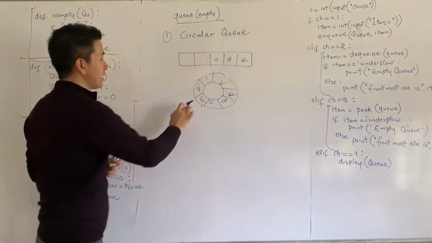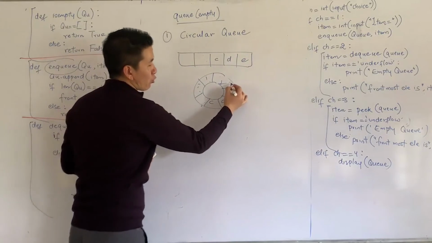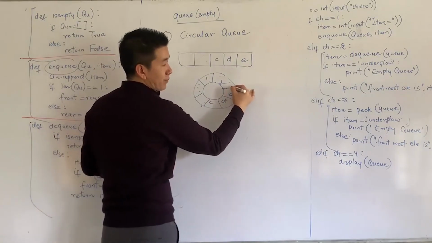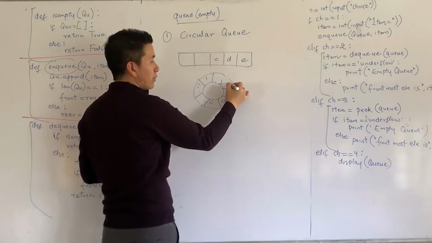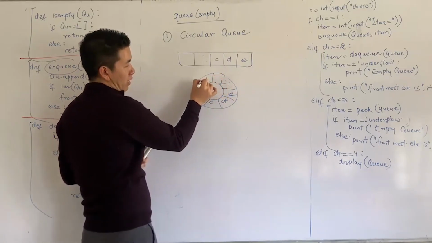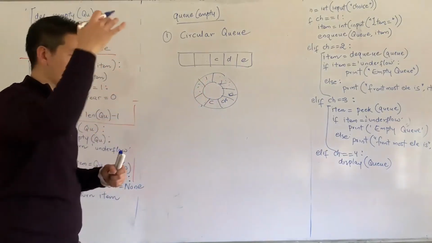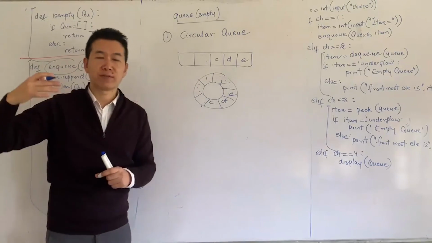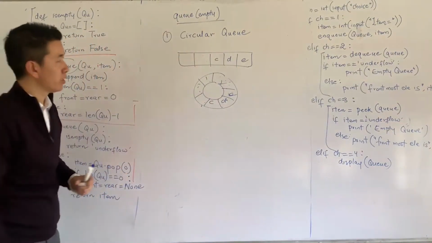And then, let's say I get rid of this, but I could go on with the insertion at the end. Even though it looks like I'm adding the elements at the end, in the process I'm able to use the unutilized spaces because of the earlier set of DQ operations. So this is called circular queue.